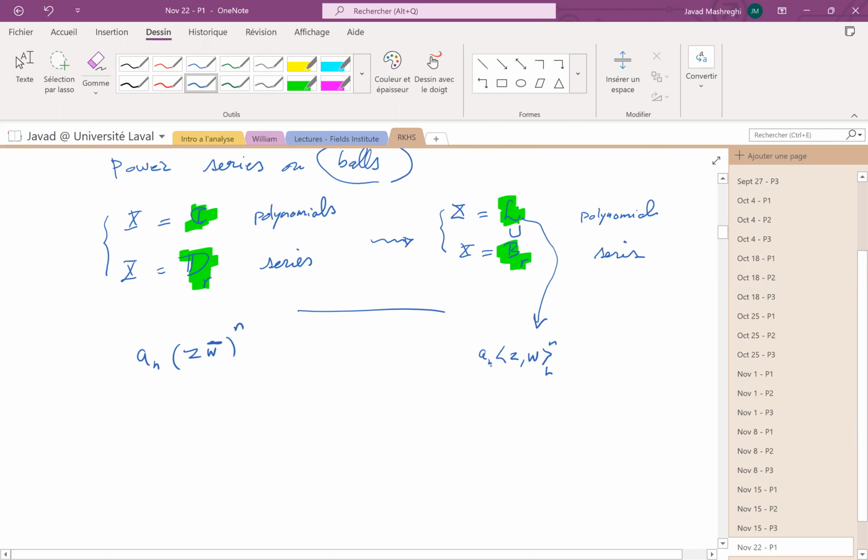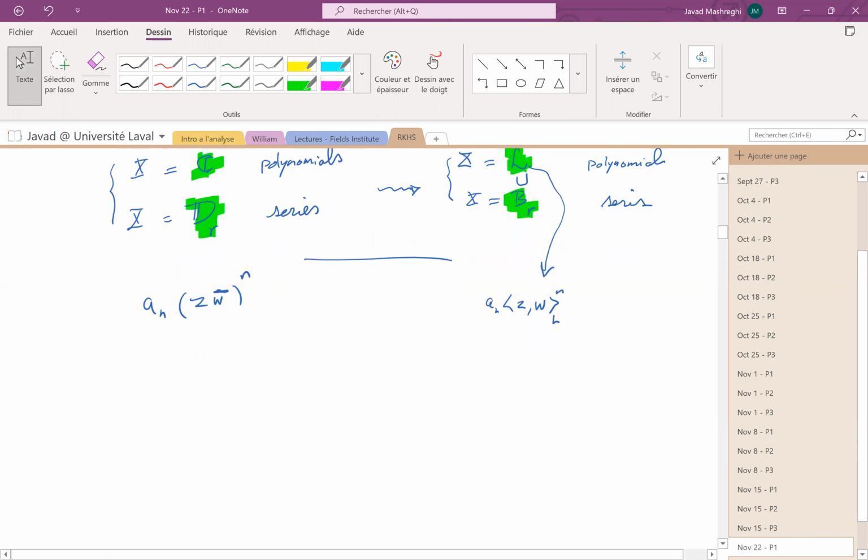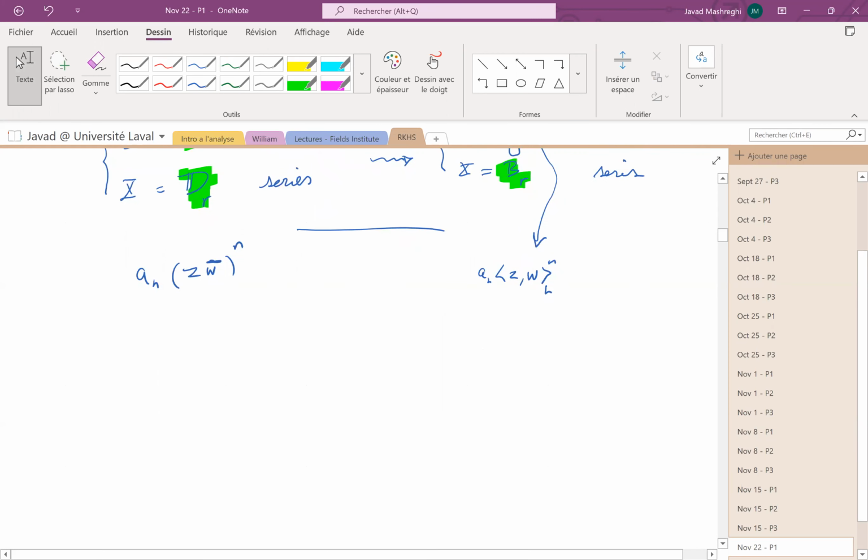And if you have a polynomial with positive coefficients, so if P of Z or P of X is given by the sum from n equals 0 up to n of AN ZN, the only restriction is that these are positive.